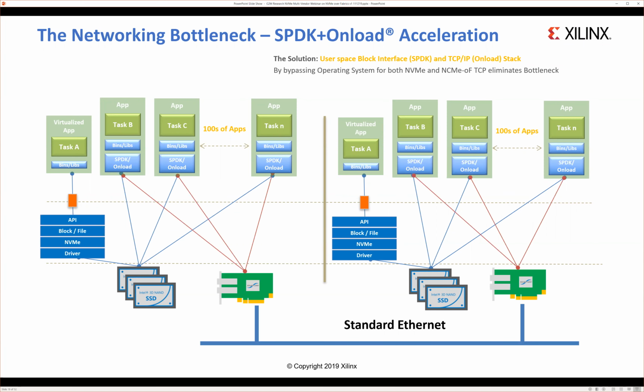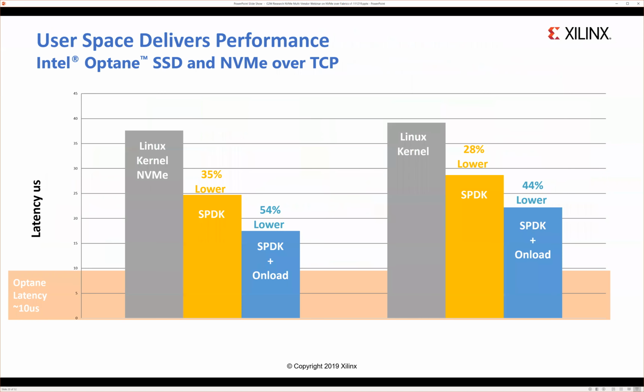Here's a depiction of it. You come in off the network through the adapter into user space, and then through SPDK to the SSDs. What we were able to demonstrate, on the bottom left of this chart, is that the Intel Optane direct attached storage is approximately 10 microseconds. Here's your Linux kernel solution, sitting up around 37, 38 microseconds, whatever that number is.